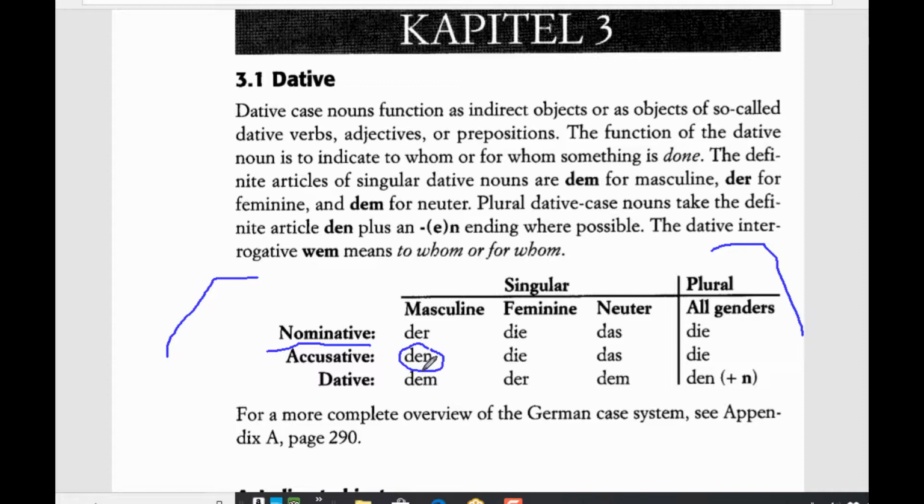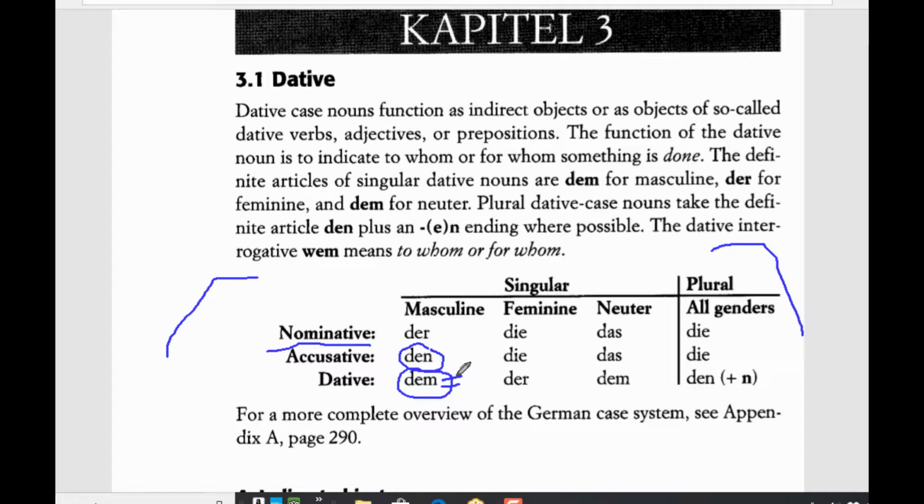And then the dative, which is dem, so the dative is to or for someone, also called the indirect object. I give a book to my friend, or I write a story for my parents, that sort of thing, would be in the dative case. A cue to the connection to English is really whom: to whom did you give something?